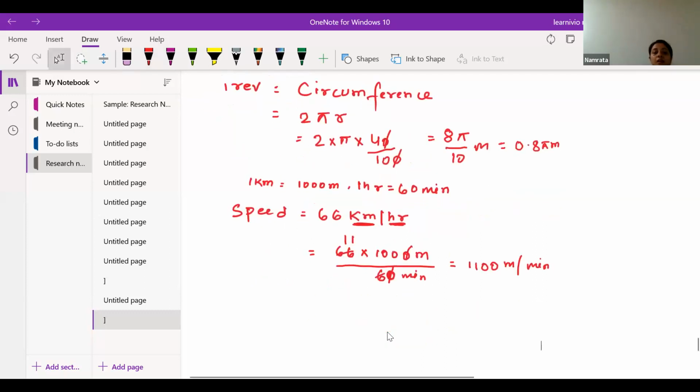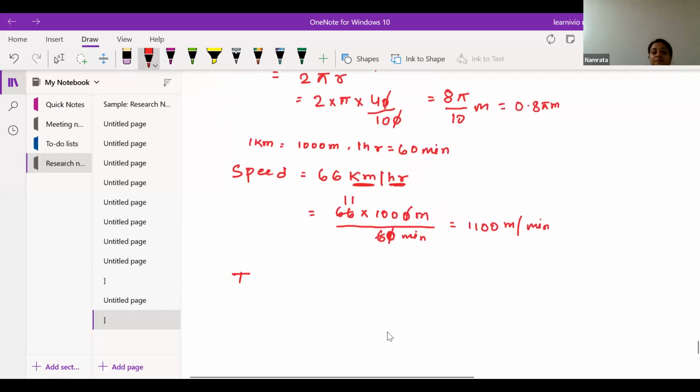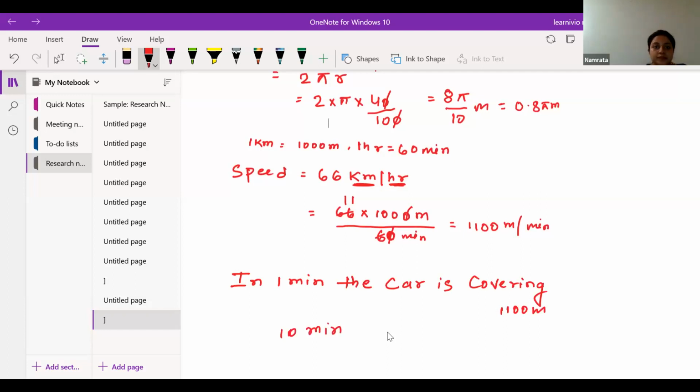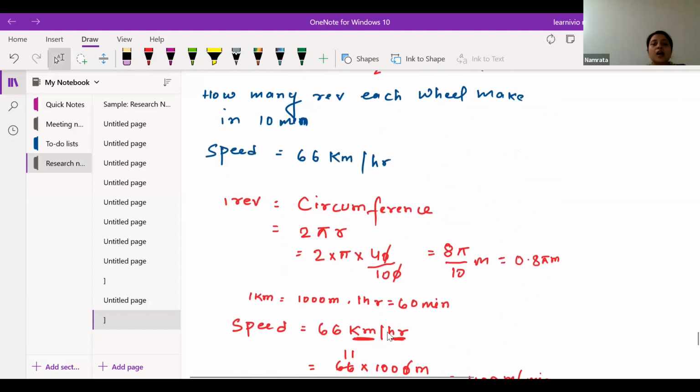That means the car is covering in 1 minute 1100 meter. We have to find in 10 minutes what is the total. How many revolution the car will make in 10 minutes.